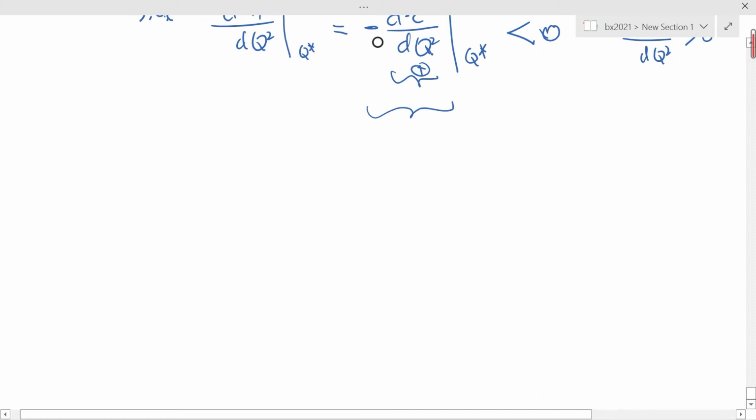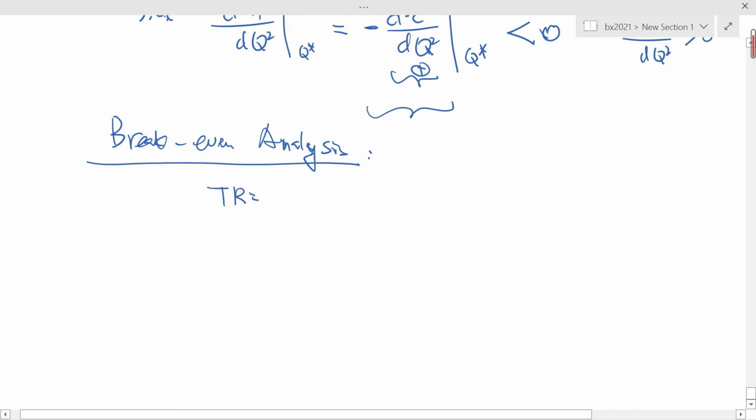Sometimes we only want to find out the break-even output. So we can have break-even analysis. Okay, so what we have in hand is we know total revenue is equal to price times quantity.